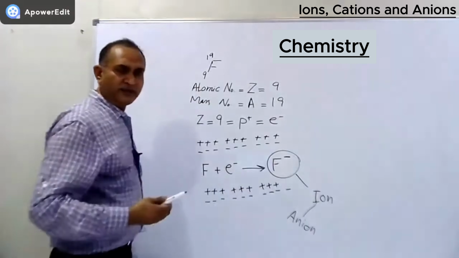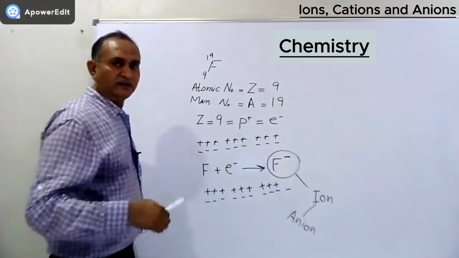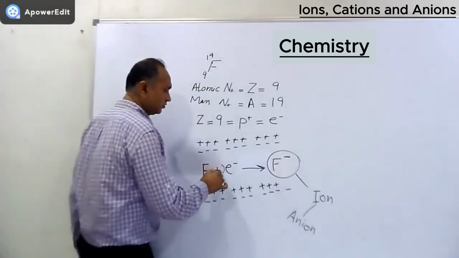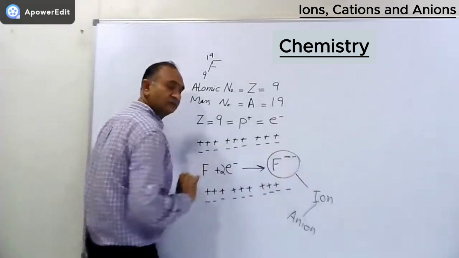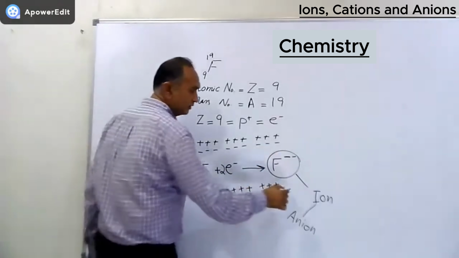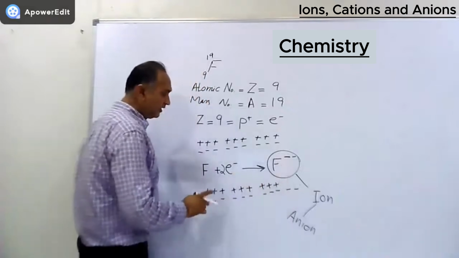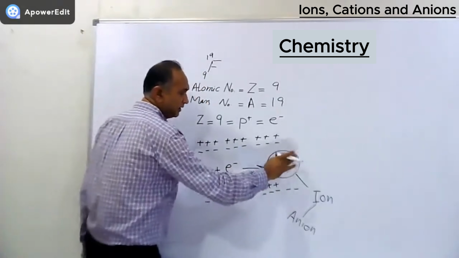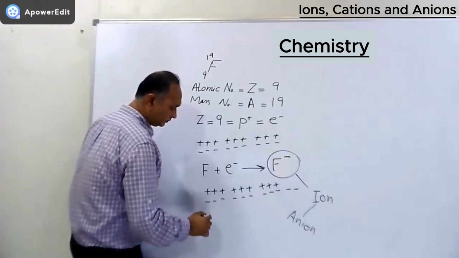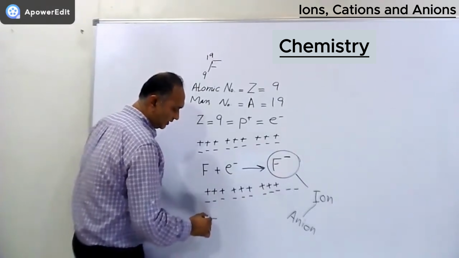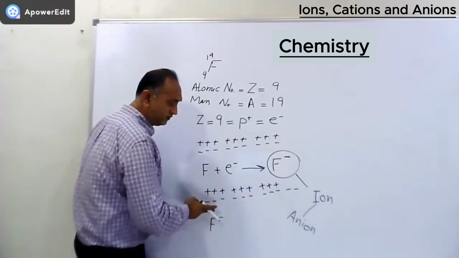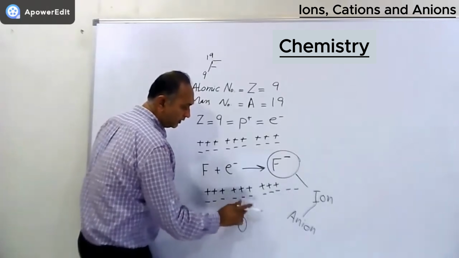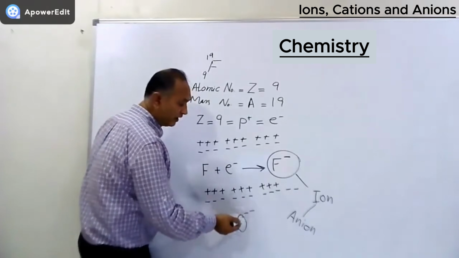Instead of getting one electron, let's suppose the same fluorine gets 2 electrons. If 2, then we'll write here 2, because there will be two unbalanced electrons. If 3, we should write 3. It means that fluorine has gained 1 electron. If you see O with a double minus, it means it has gained 2 electrons.